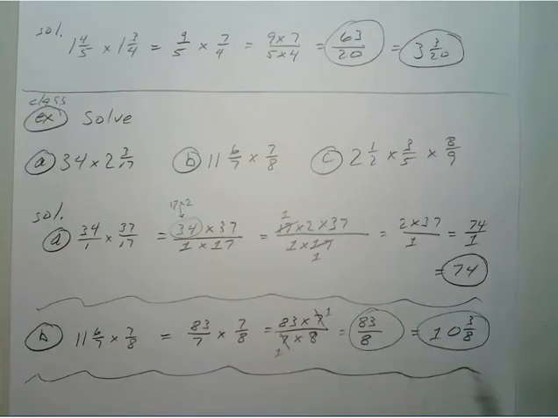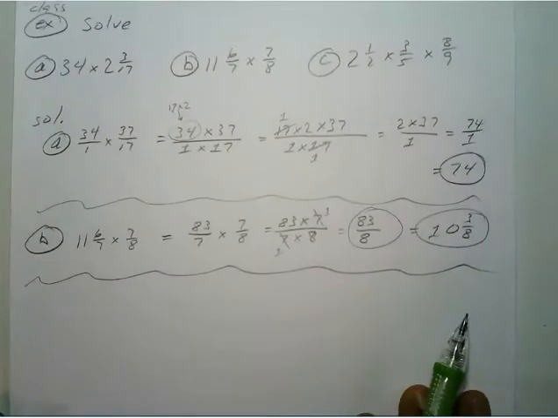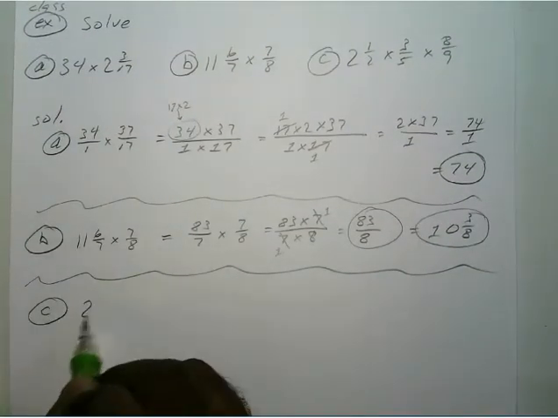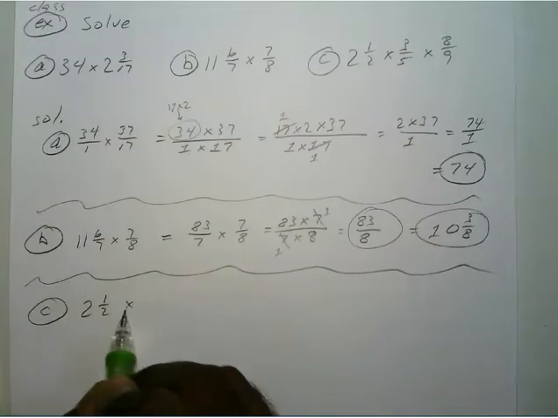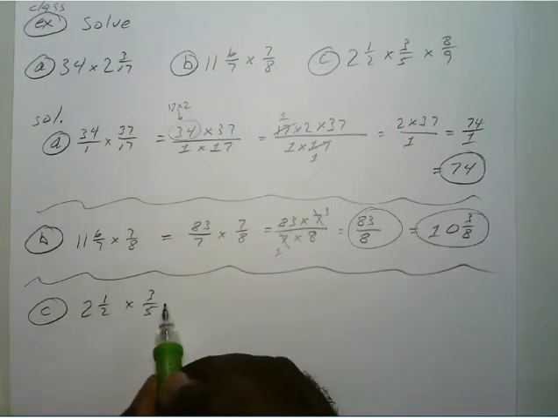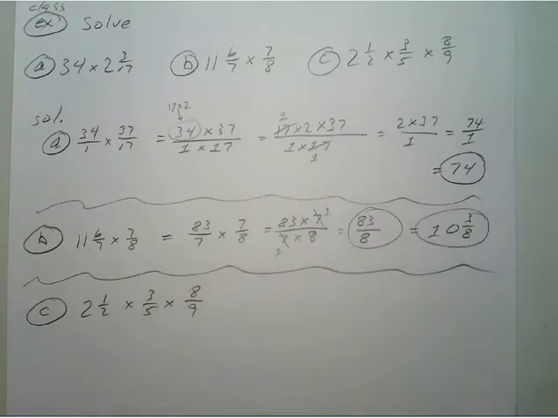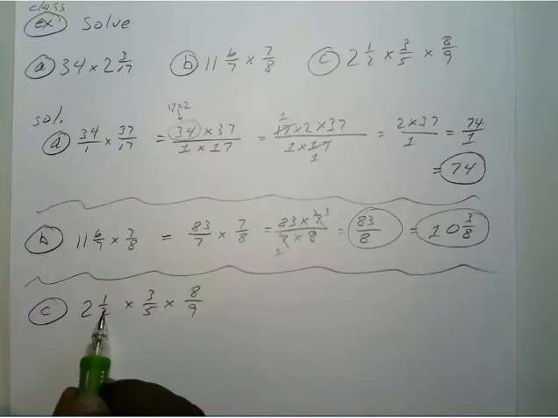All right, look at problem C. You have 2 1/2 times 3/5 times 8 over 9. It doesn't matter if you're multiplying 2 values, 3 values, 4 values, 5 values. It's all the same approach. So 2 1/2: 2 times 2 is 4, plus 1 is 5.